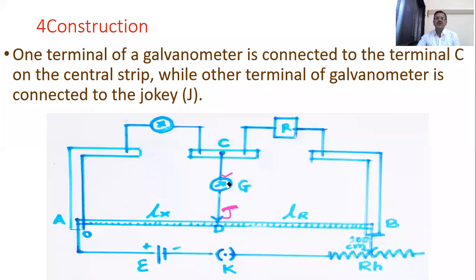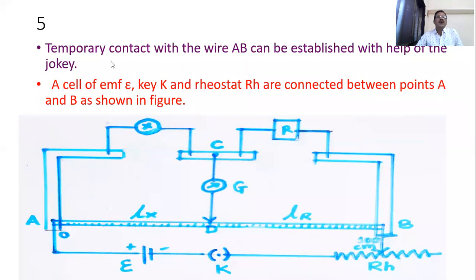In the left gap, the unknown resistance is connected. In the right gap, the resistance box is connected. One terminal of the galvanometer is connected to the central strip at point C, and the other terminal is connected to this jockey.